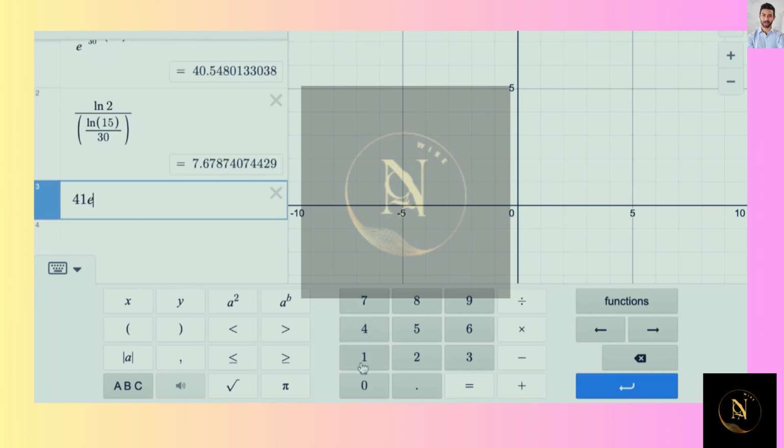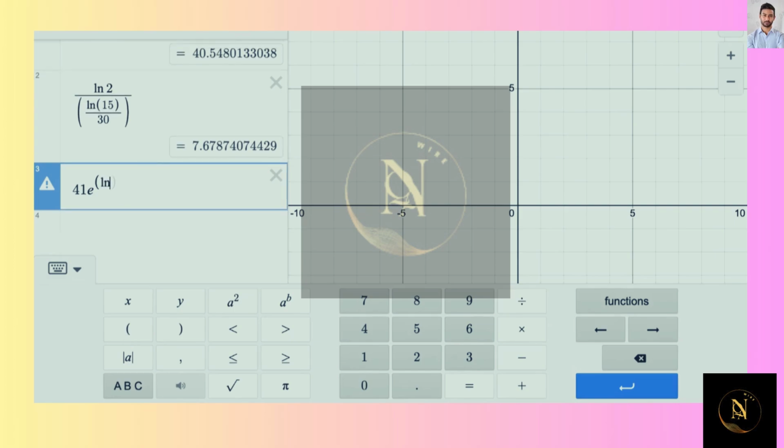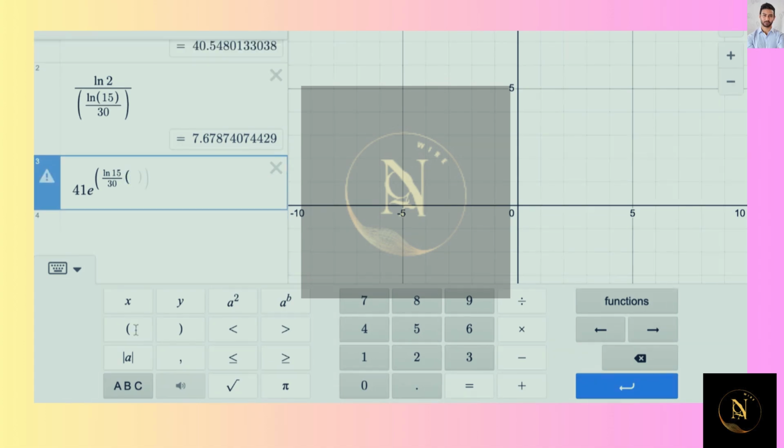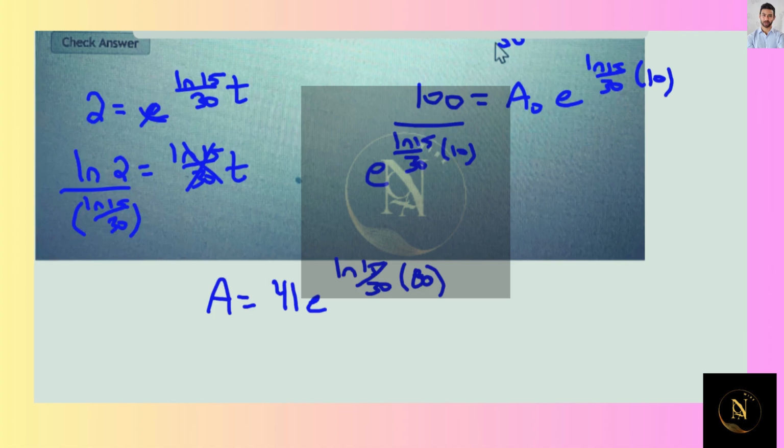So 41 e to the natural log of 15 over 30 times 80. And that'd be 56,108.